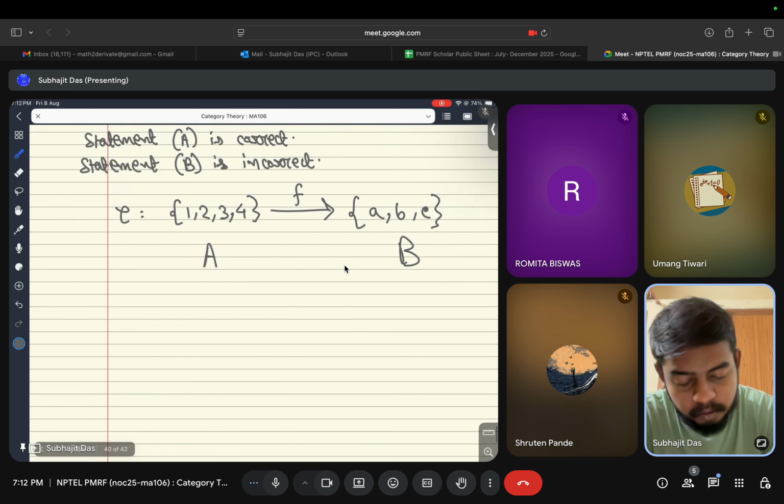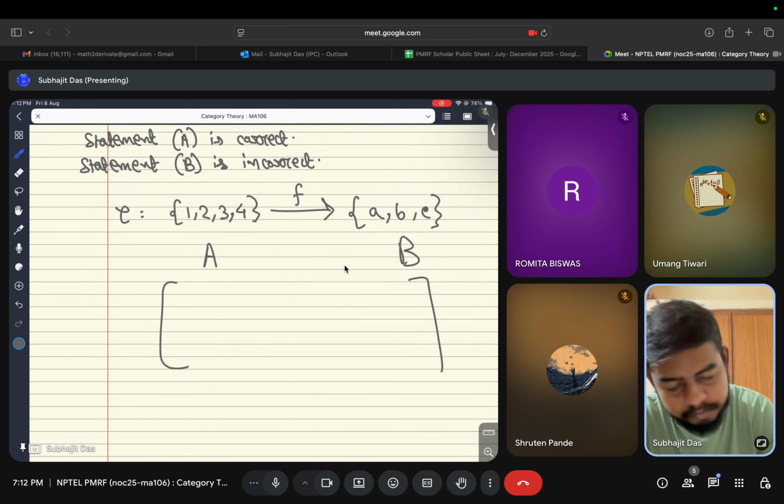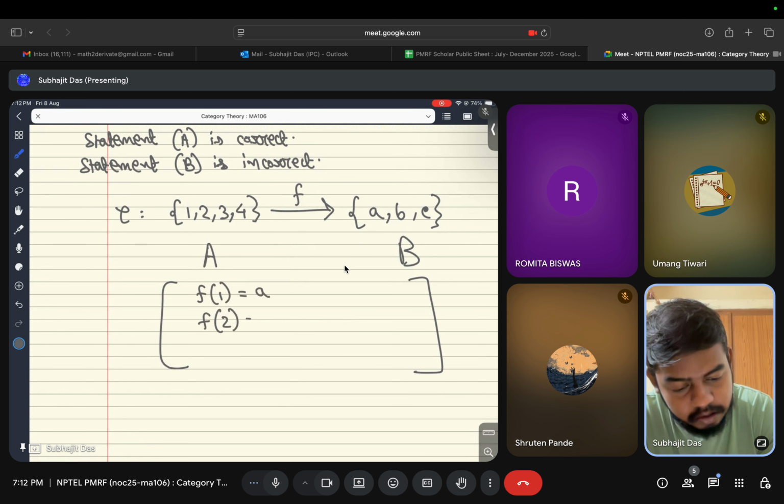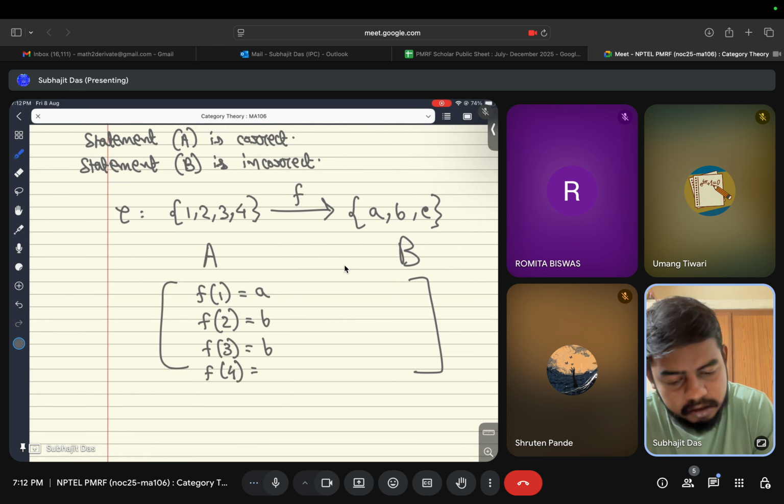F sends 1 to A, let's say, F sends 2 to B, F sends 3 to B, and F sends 4 to B, let's say.